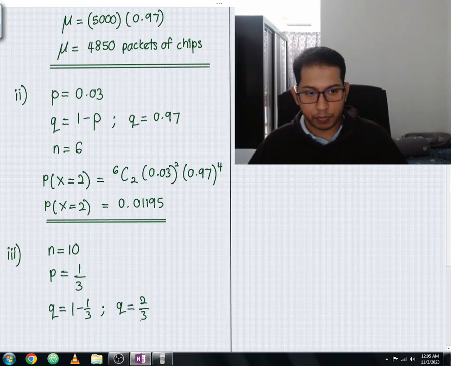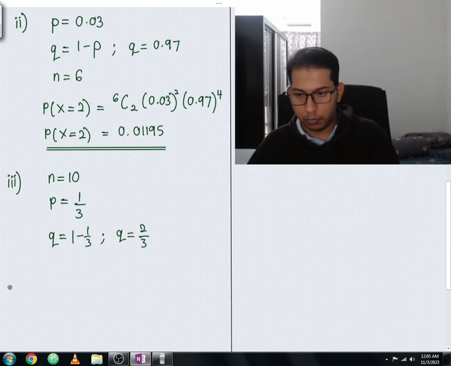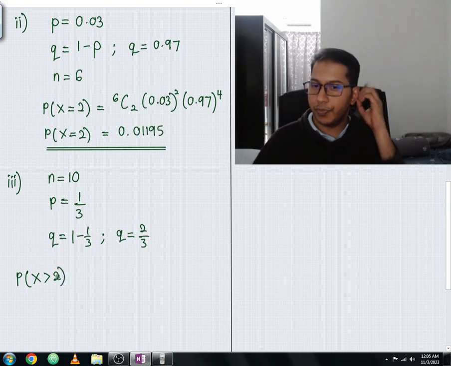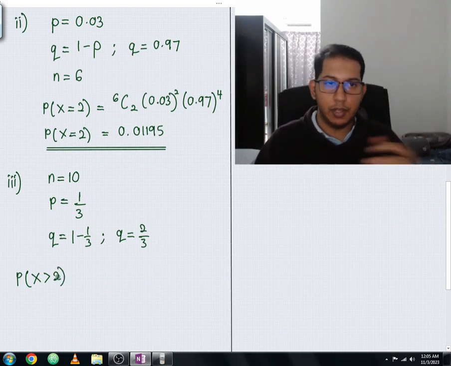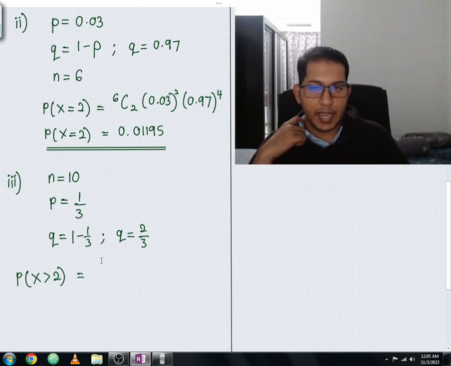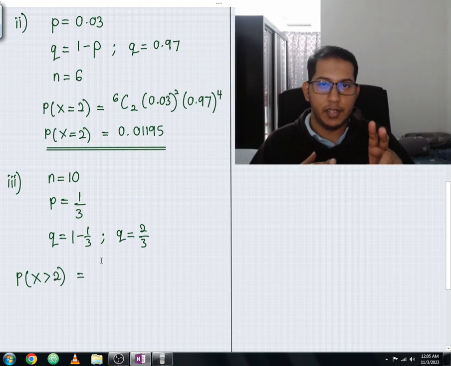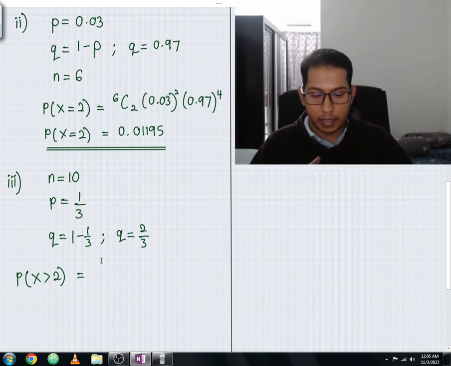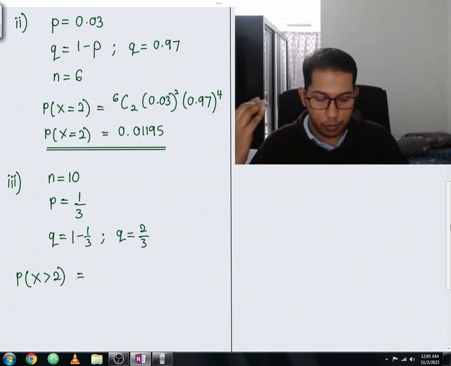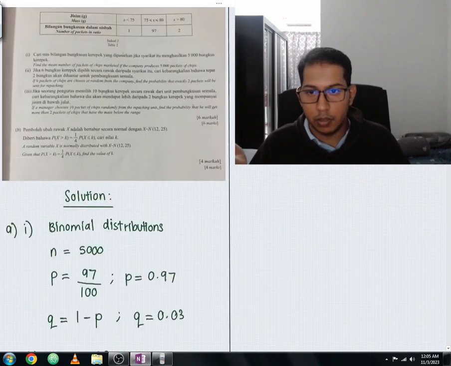So to get the probability of more than 2 packets of chips which are below the range, you can do this. There are 2 ways. One, you can start by doing it like x more than 3, x more than 4. You can do like that.